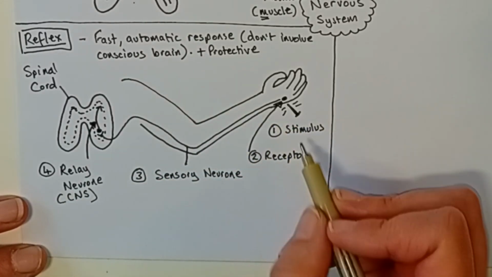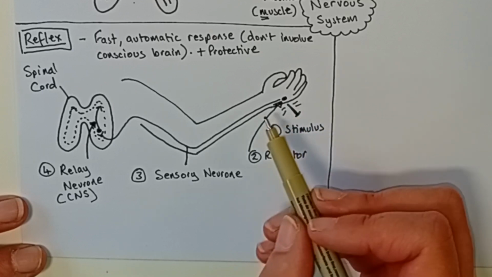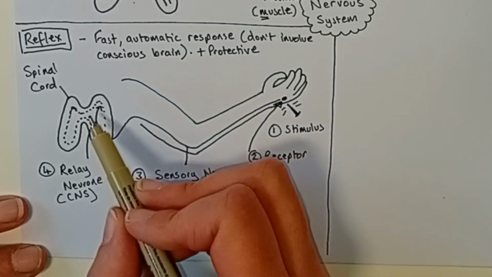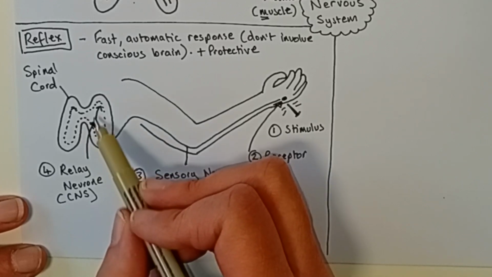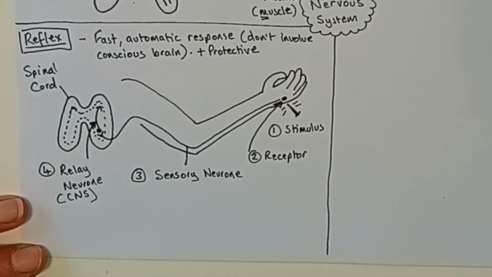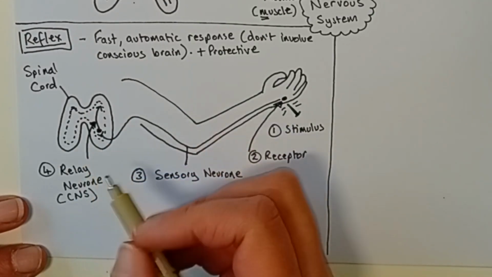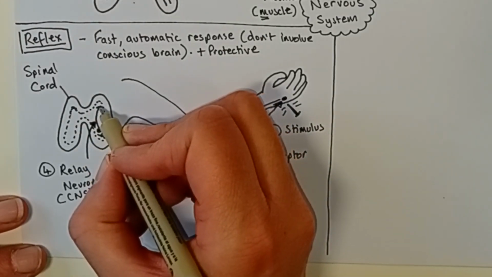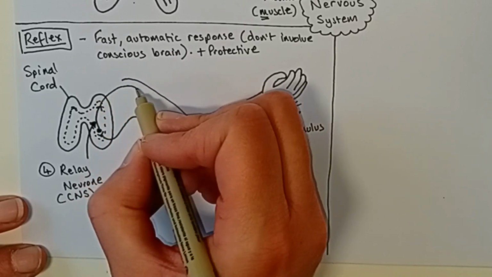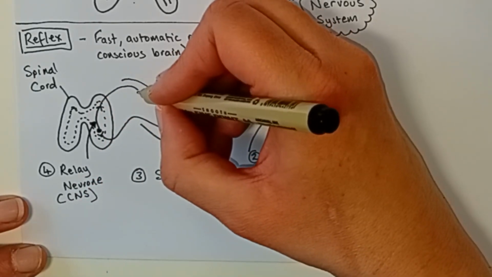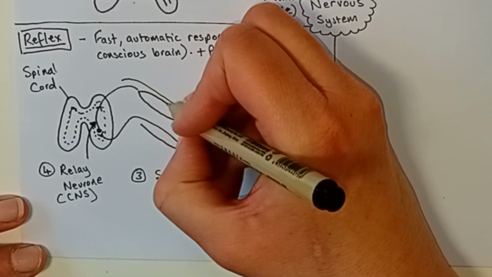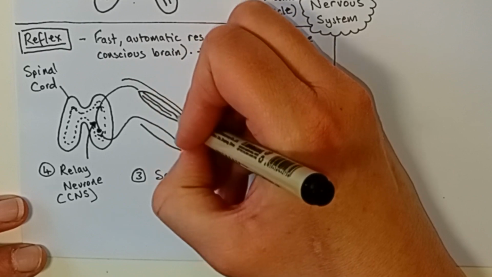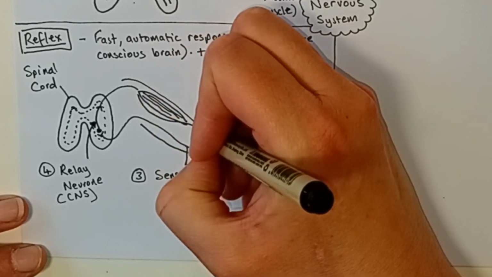If it was the eyes that were detecting a stimulus, then the sensory neuron would connect to the brain, but you wouldn't think about it. It would connect in exactly the same way to shorter neurons to bring about a response. This relay neuron then connects to another long one, which comes out and joins onto the effector. And in this case, we need to lift the hand up, away from the pain. So here's our bicep that needs to contract.